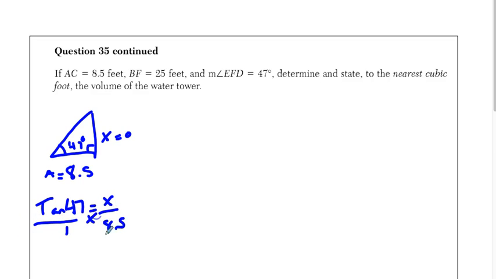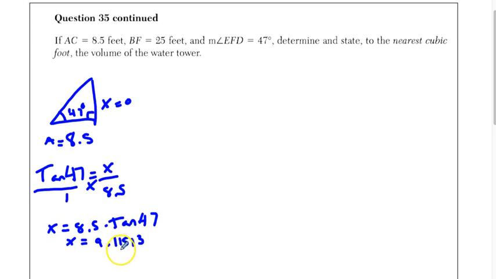Drop one underneath and cross multiply. So X is equal to 8.5 times the tan of 47. Let's put this in the calculator. It's a straightforward calculation. We get 9.11513. Remember, put as many decimal places as you can. You don't want to get any rounding errors.